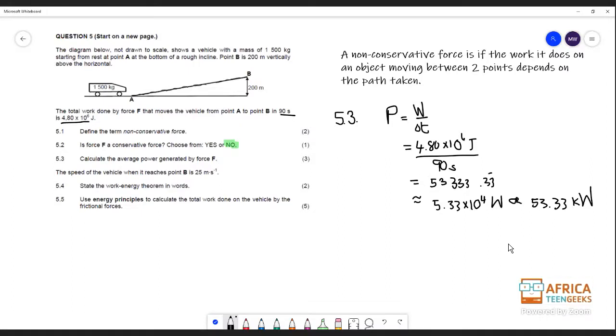Okay, and they tell us in 5.4 to state the work energy theorem in words. So 5.4 says the total work done on an object is equal to the change in kinetic energy.